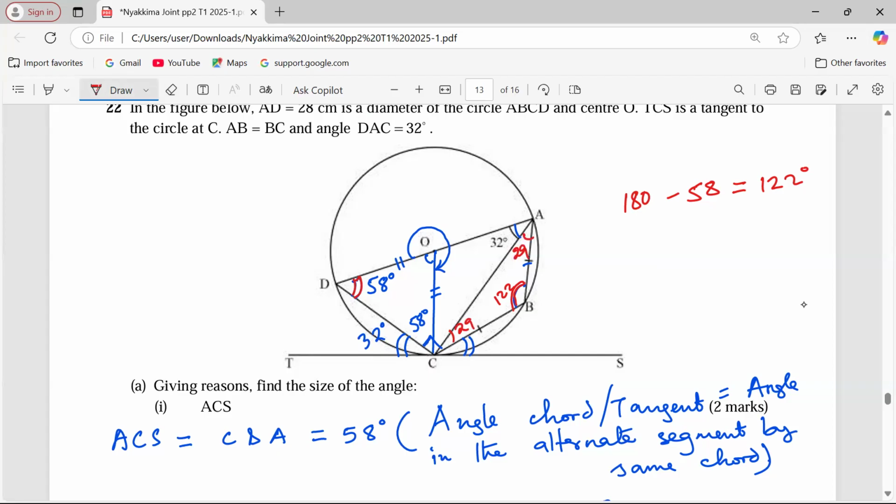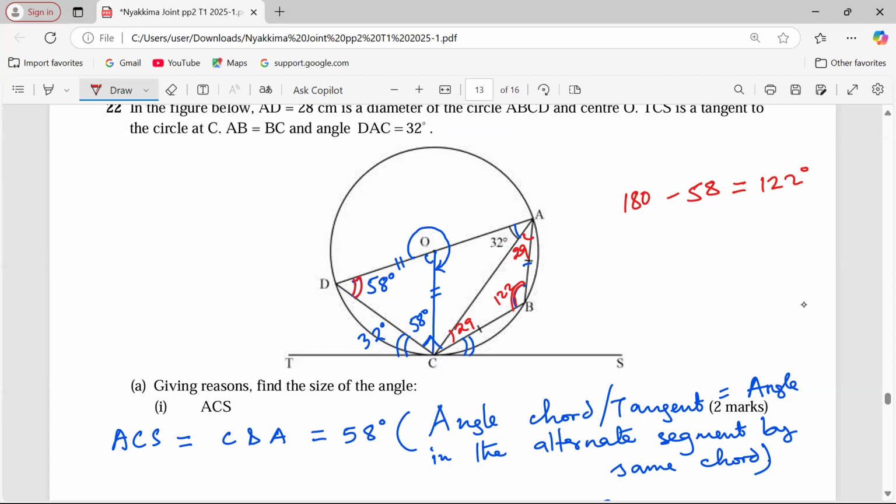Because AB and BC are equal, the base angles are supposed to be equal, and they are equal to 58 divided by 2, 29 each. So that inside this particular triangle, we can get a sum of 180.